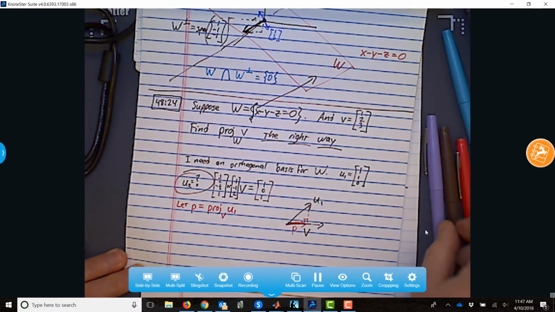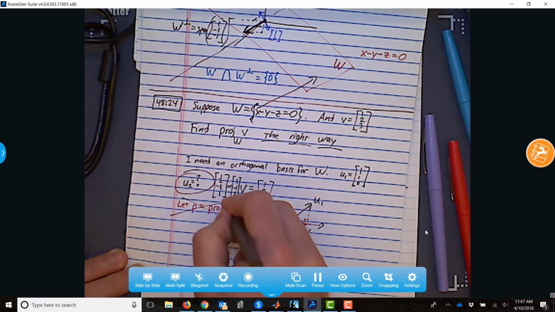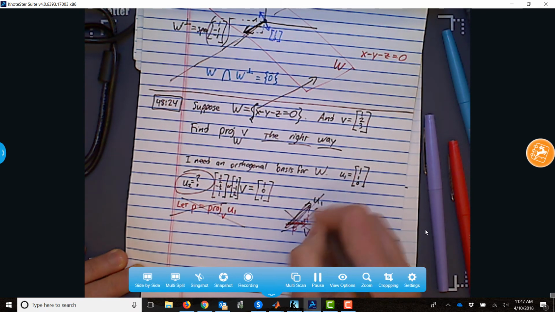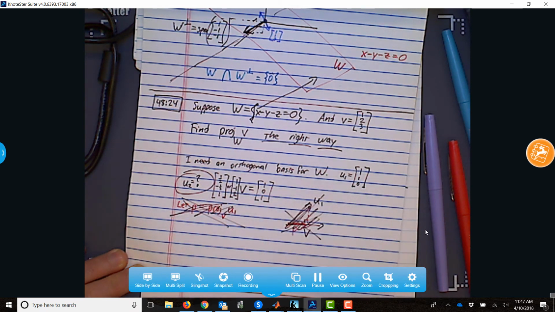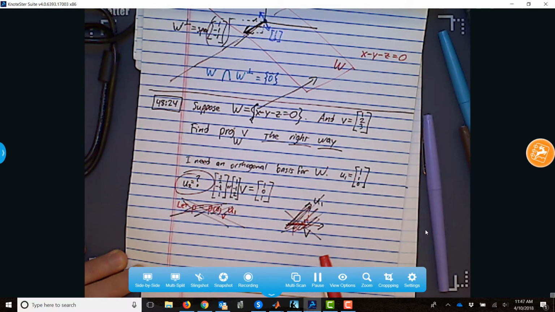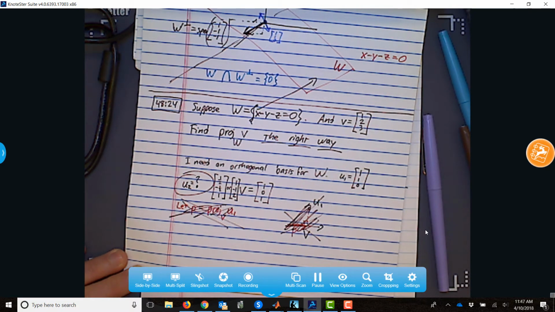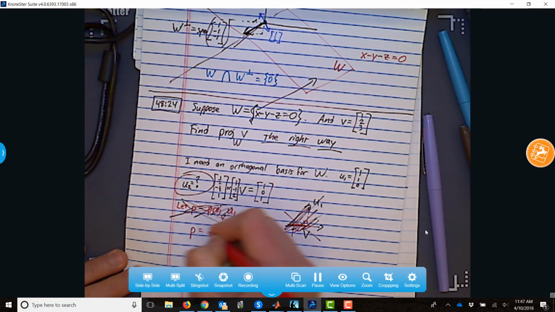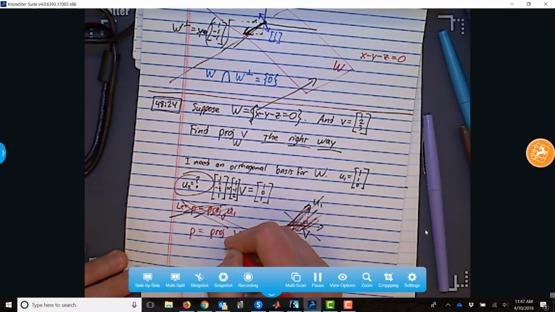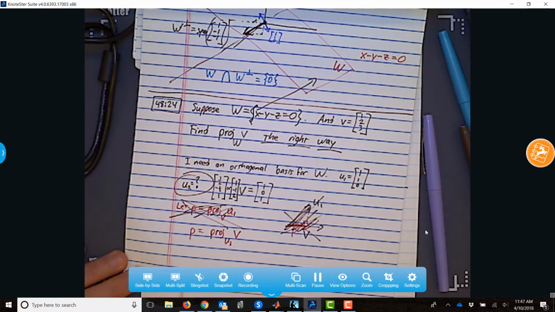I don't want to do that. Shoot. That's not what I want to do. What I want to let P equal is the projection of V onto U1. That's what I want to do.